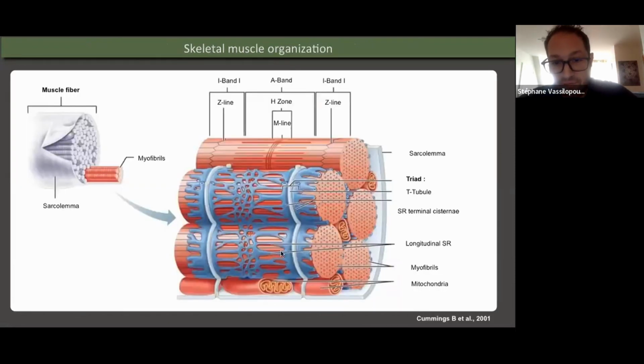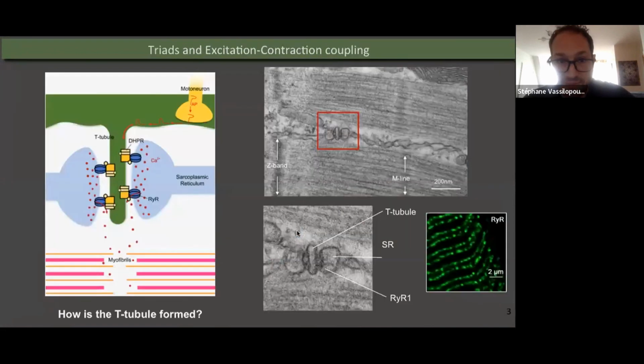And so, very briefly, this is just a scheme you will find on the internet. What is a T-tubule? Well, usually the T-tubules don't come alone. They come with another component called the sarcoplasmic reticulum, in fact this part of the sarcoplasmic reticulum called terminal cisternae. And the T-tubules are actual invaginations of the sarcolemma which penetrate in depth into the muscle fiber and which allow a mechanism called excitation contraction coupling.